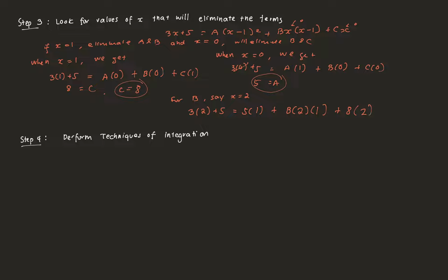And what we'll notice is this one will be 6 plus 5 equal to 5 plus 2b plus 16. If we simplify this, b is going to be equal to negative 5.